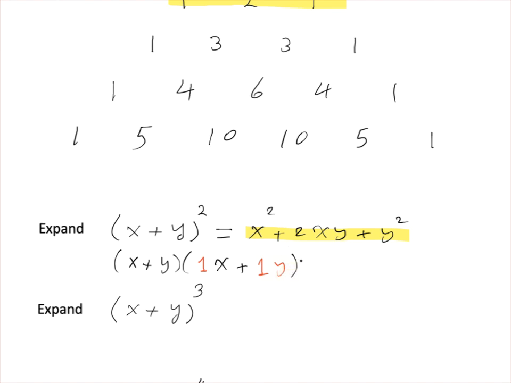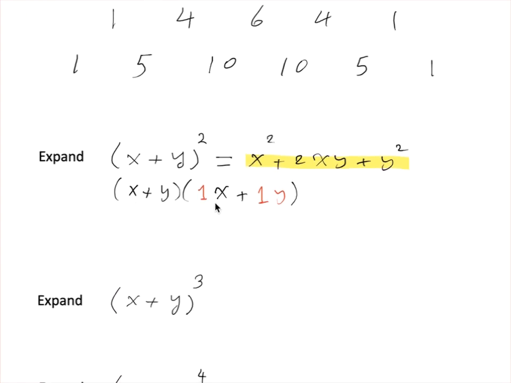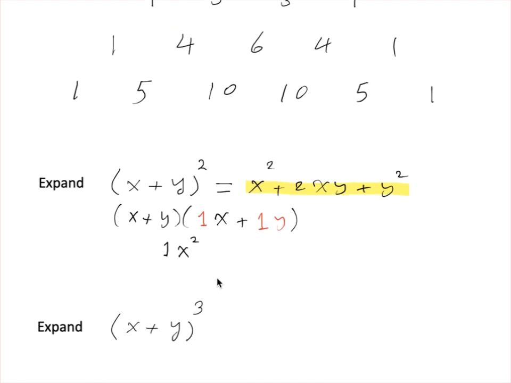And then when we multiply, x times 1x will give you 1x squared. It's not necessary to write 1, but I want to demonstrate the relationship to the Pascal triangle and how you get that second row.